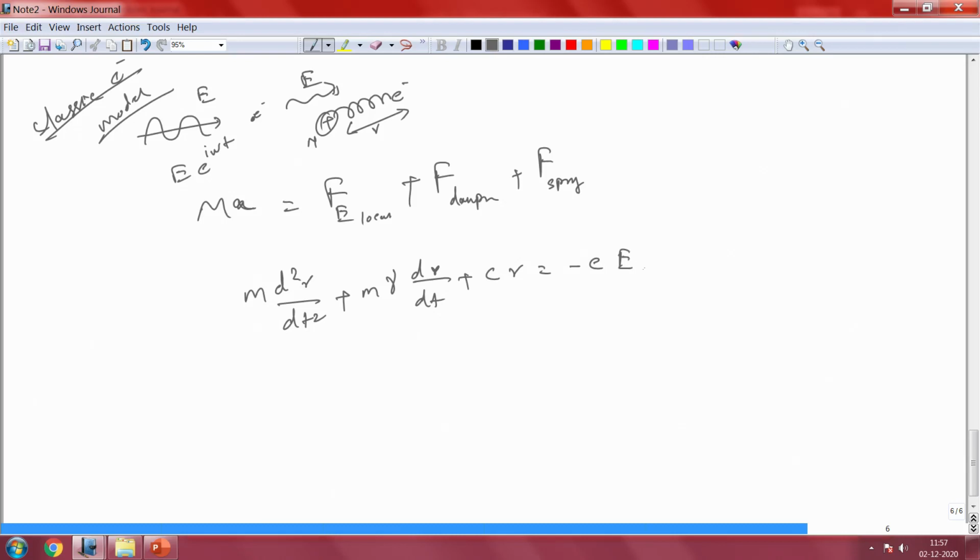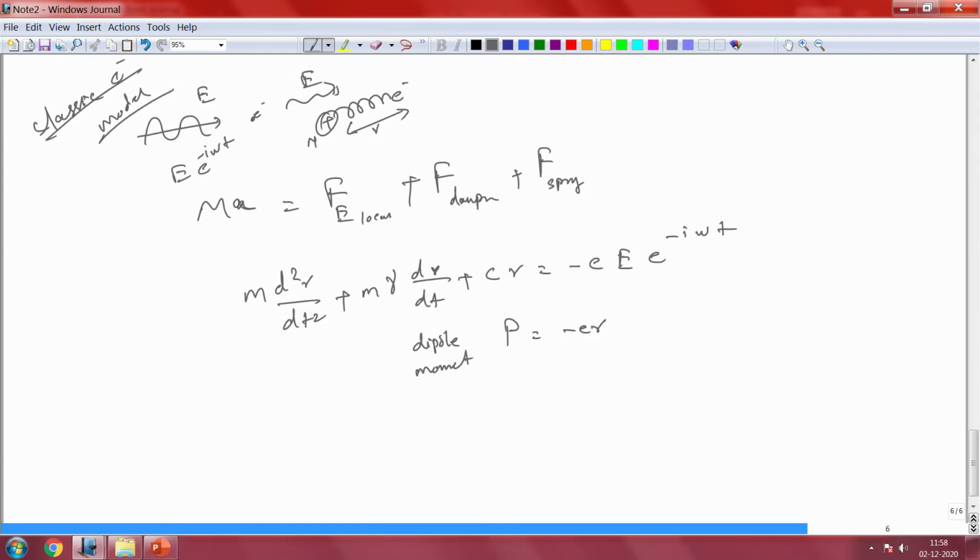So this is E, that is the local field, e to the power of minus i omega t, okay. So the dipole moment of the system, so what is the dipole moment of a very small system? So this is basically charge times the distance. So this is your dipole moment of the system, all right.